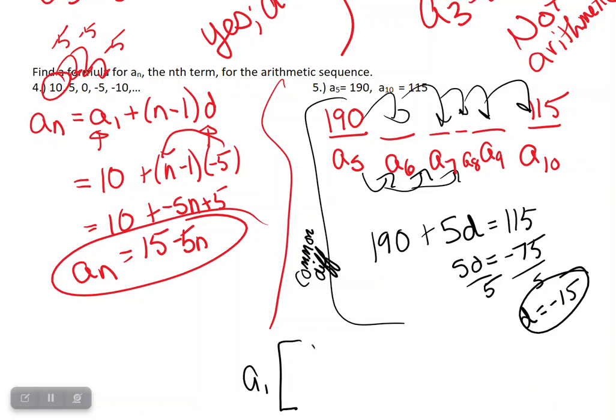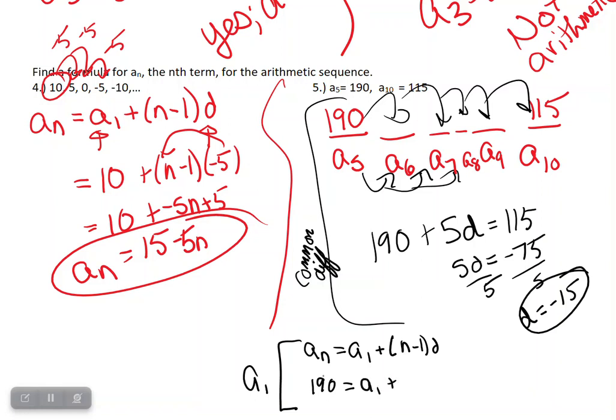For a sub 1, we're again going to use the formula we start with and fill in what we have. For the 5th term, we have 190. We don't know what a sub 1 is, so we have to find that out.